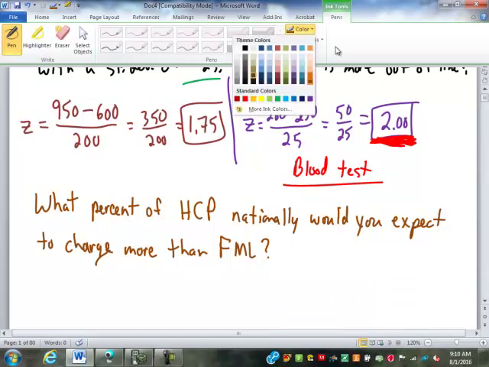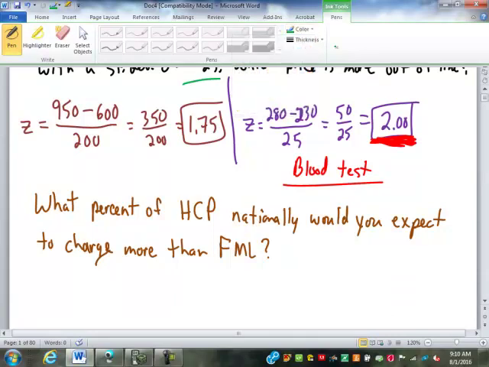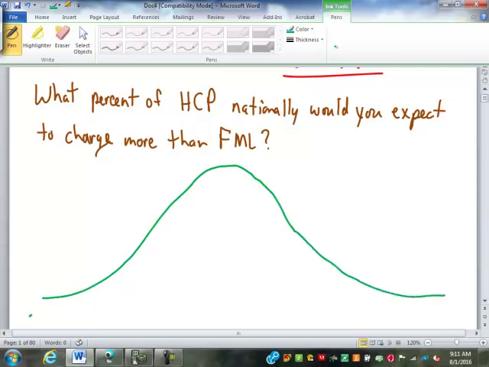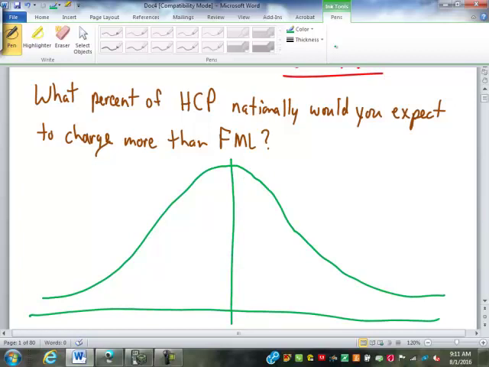So as we look at this, it actually follows that empirical rule we talked about, that bell curve. As you recall, that bell curve had the mean in the middle, and we went out 3 standard deviations on each side.